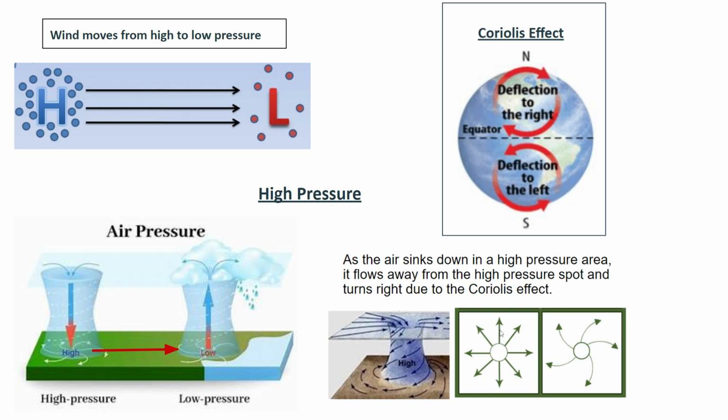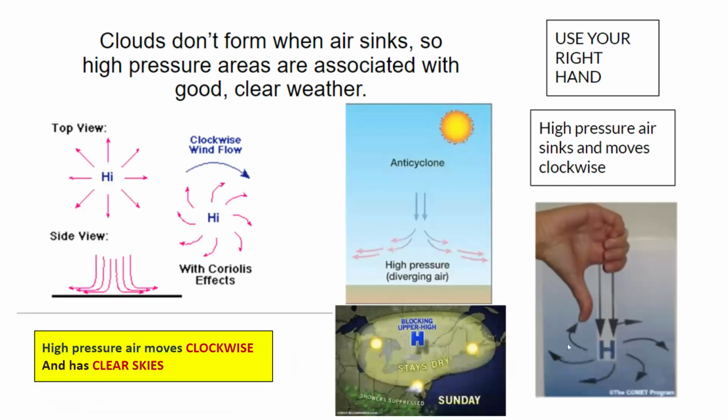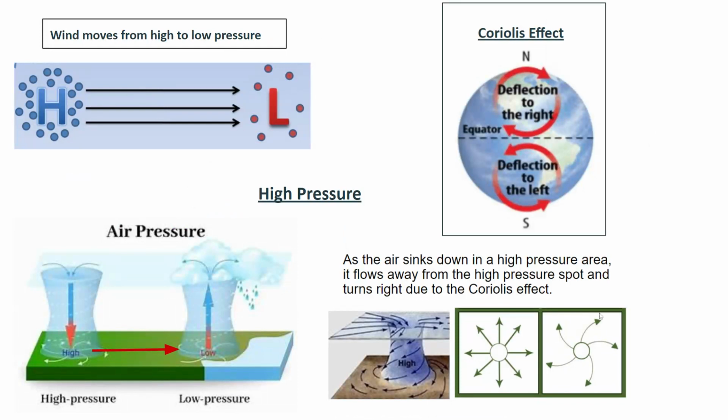If the wind is trying to go straight this way, it's actually going to curve towards the right side. If the wind's trying to go this way, it's actually going to curve towards the right side. And it will happen to all those arrows, right? And notice that this causes a clockwise pattern, kind of like this.